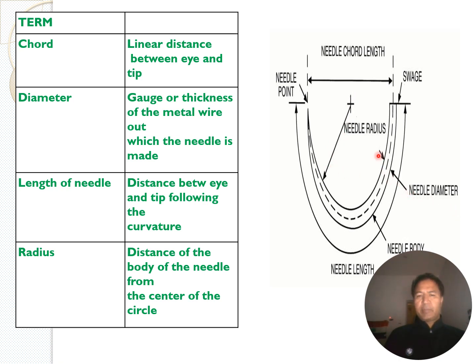And this is the needle diameter, the thickness, the wire diameter. But the radius is measured from the center of the circle to the body of the needle.